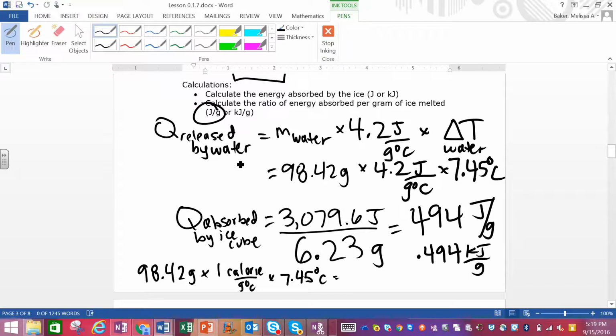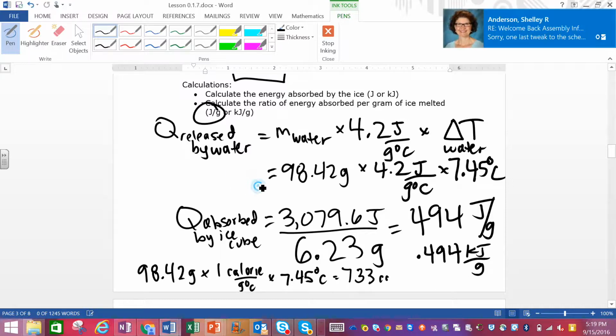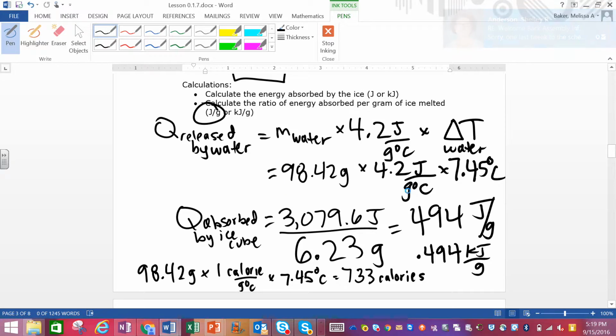If I punch this into my calculator, it's going to be a smaller number because it's in calories instead of joules, but same amount of energy, just using a different unit. It's one of the annoying things about science. So instead of 3,000 something, this is 733 calories. That's how much energy is required to melt that ice cube.